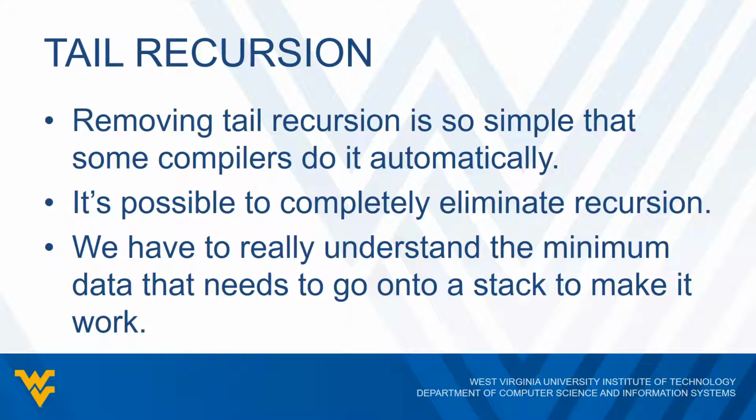Sometimes that information is needed after the method call, so you can't just do exactly what we did with eliminating tail recursion. So if you're careful with how you handle that data, then you could just not use recursion at all. But what we will see later on in the course is there are a lot of benefits to using recursion, in that we'll be able to solve some very complex problems with just a couple of lines of code.